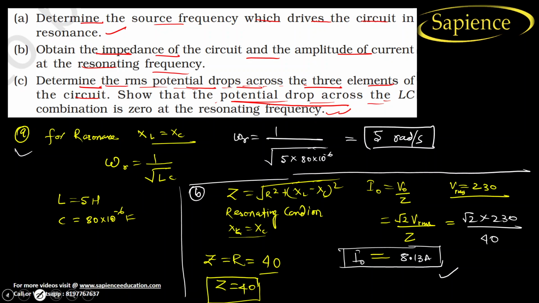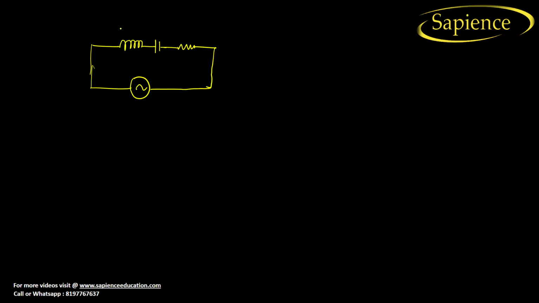We have three elements: first is the inductor, this one is the capacitor, and this is the resistance, and this is our AC supply. For this one it will be XL, this will be XC, and this will be R.